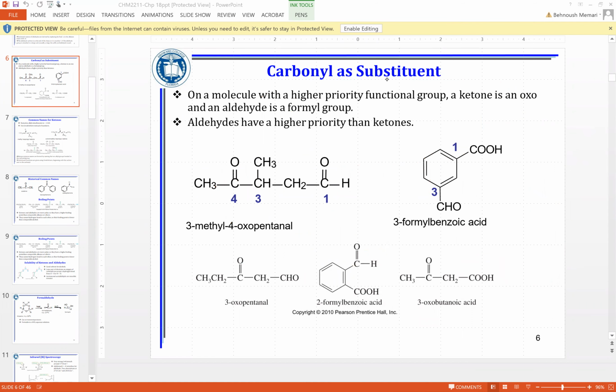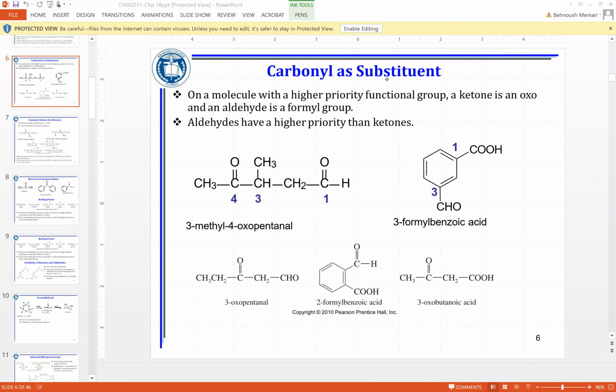Okay, if the carbonyl group is part of a high priority functional group, like aldehyde with ketone, carboxylic acid with aldehyde, carboxylic acid with ketone, then you can use the oxo.